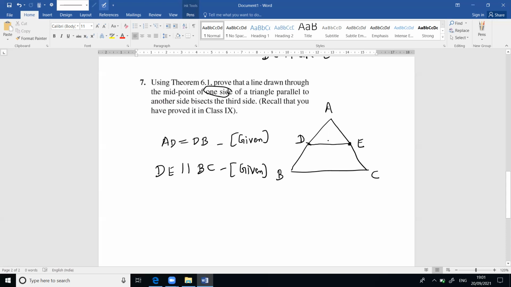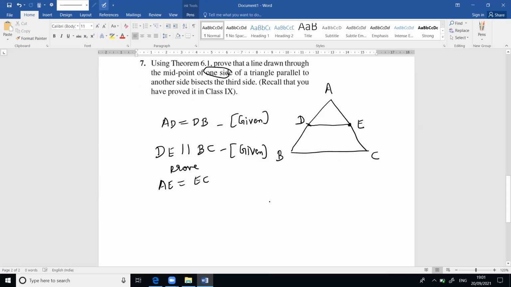Now what you have to prove is that DE bisects AC. That means you have to prove that AE is equal to EC. So what will you do for that? Again, you have to make use of theorem 6.1, which is nothing but basic proportionality theorem.